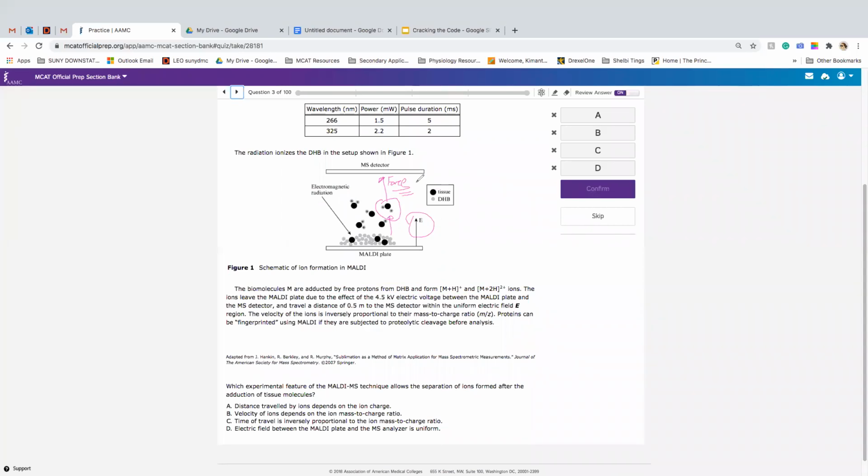Okay. Right? So do you remember the equation K Q1 Q2 over R squared, or sometimes people like to say Q times E? What Q times E says is, if I have some kind of charged particle sitting in some kind of electric field, how much of a force is going to be created on it?